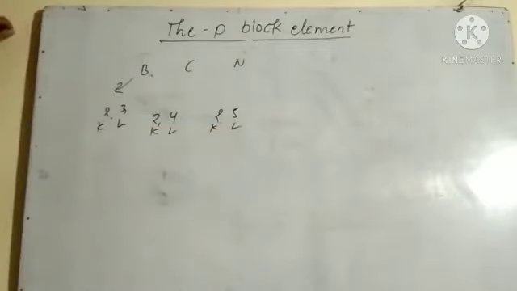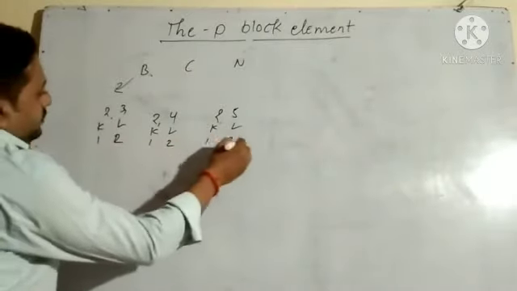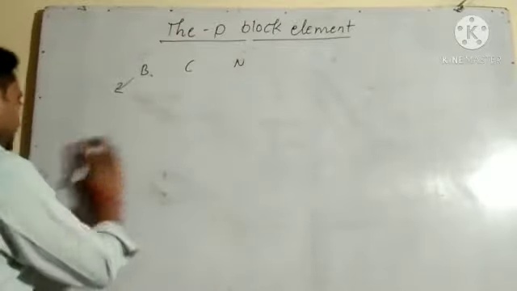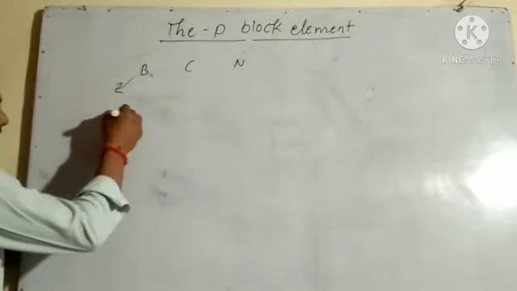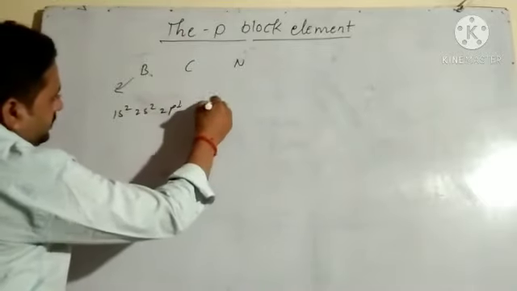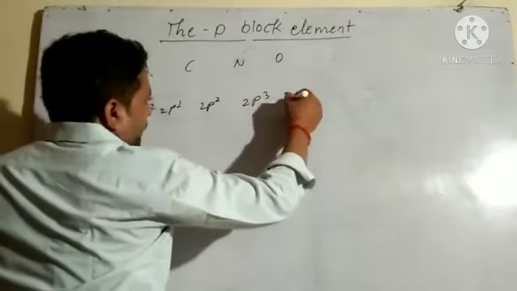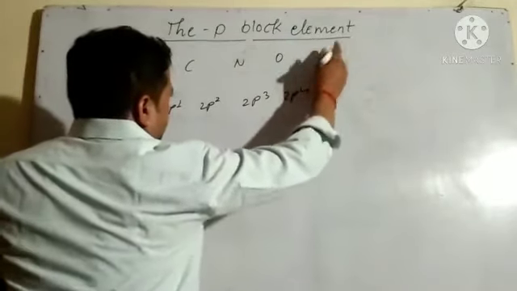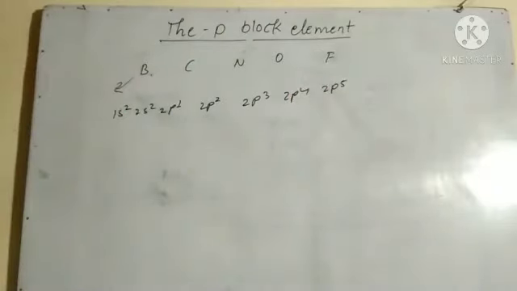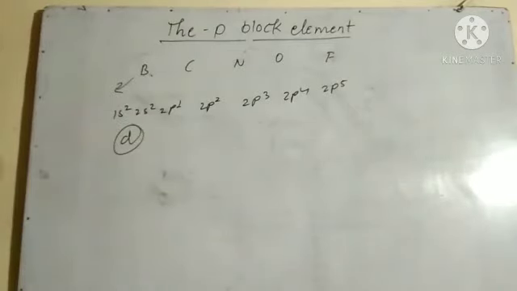Like this we can understand, only two shells are there. And accordingly we write the configuration: 1s2, 2s2, 2p1, and for the next 2p2, 2p3, 2p4, and for the next 2p5. Okay students, what you will see is there is no d orbital in this. There is no d orbital.